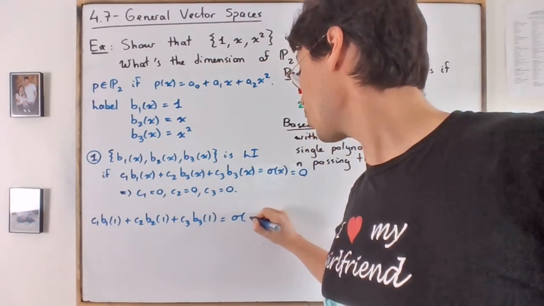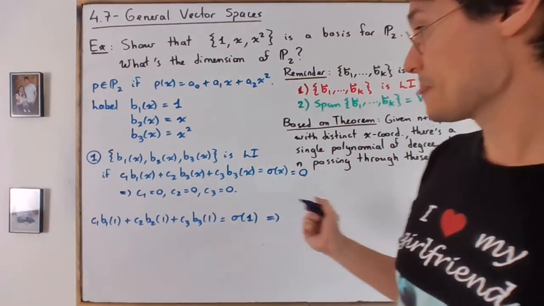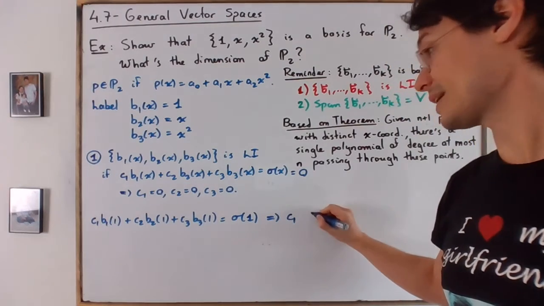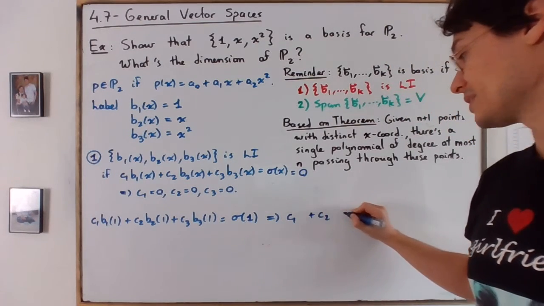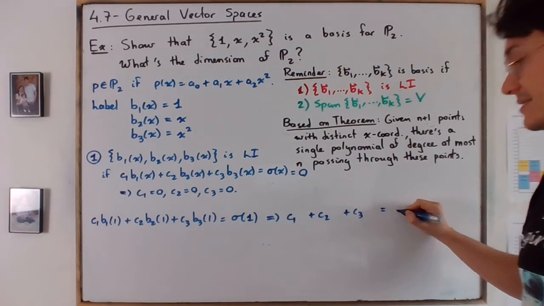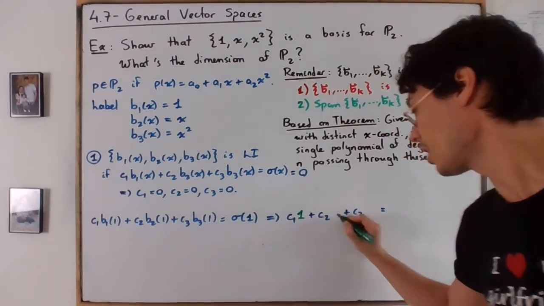This has to be equal to the zero polynomial at 1. Evaluating each of them, we get C1 times 1 plus C2 times 1 plus C3 times 1 is equal to 0. Let's color code here.